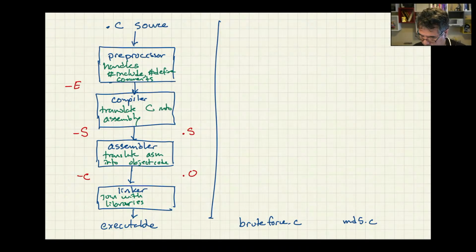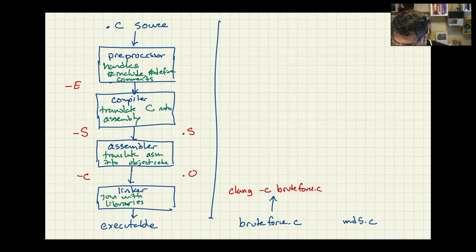So let's go over here and let's draw a picture of what happened. So I took my brute force.c file, and then I did, let's see, what command did I do? I did clang, I'll put the option up front, clang -c brute force.c, and then that produced brute force.o.